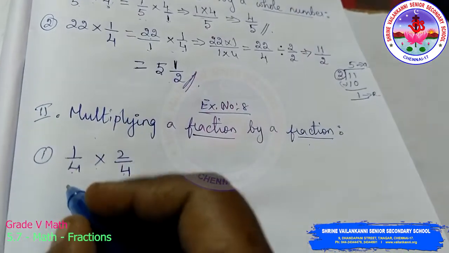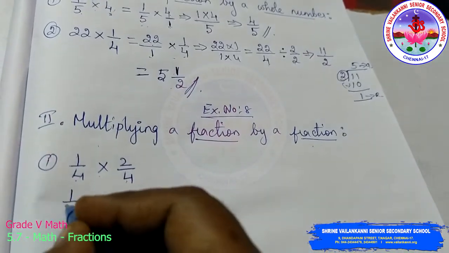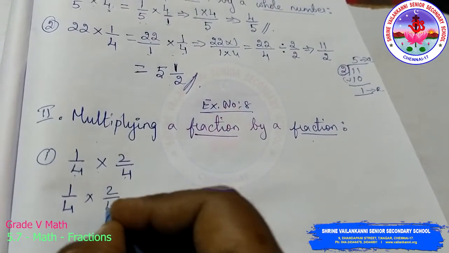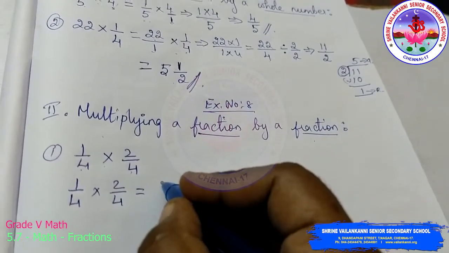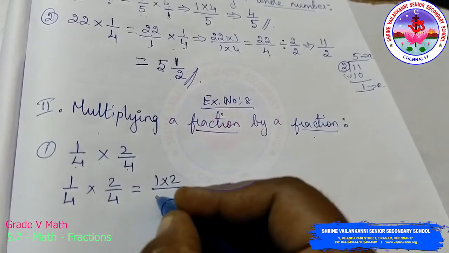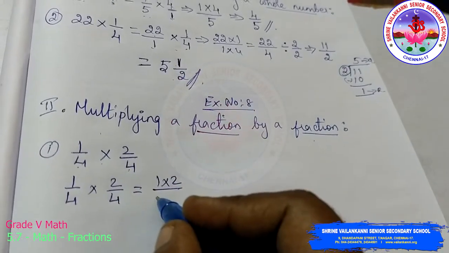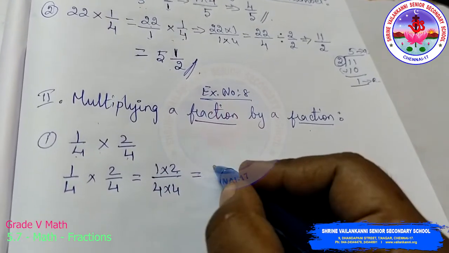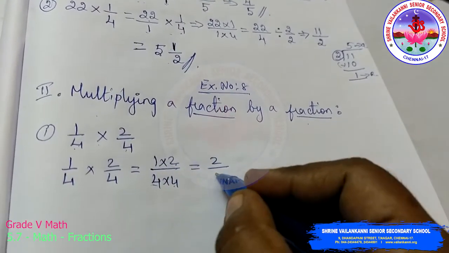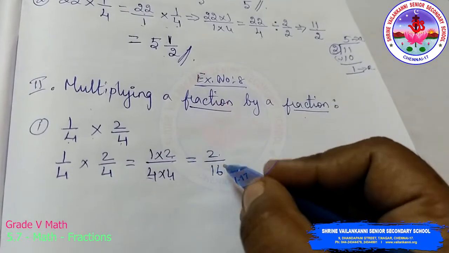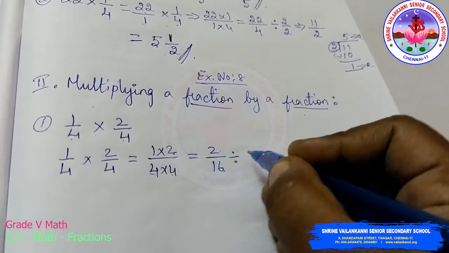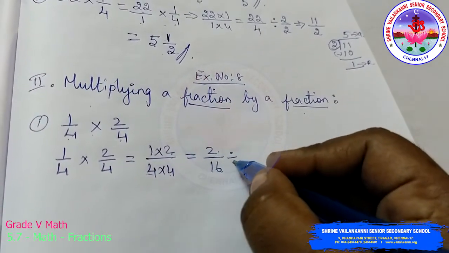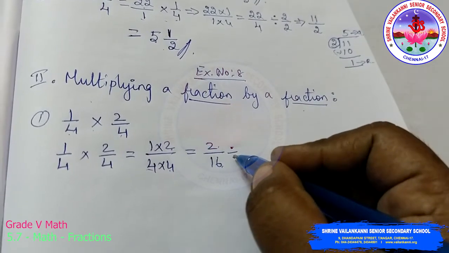That is the first thing I am going to show you. 1 by 4 into 2 by 4. 1 into 2 is 2. 4 fours are 16.